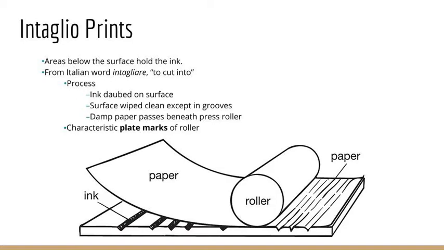And also, you can tell that something is an intaglio print because there will be characteristic plate marks of the roller where there's a physical texture to the print. It's almost like something being engraved or embossed. You can see where the paper was shoved down into those crevices a little bit, and it holds that shape on a slightly three-dimensional level too.